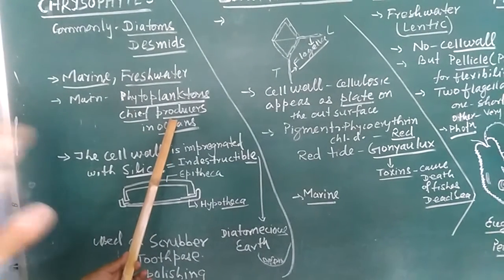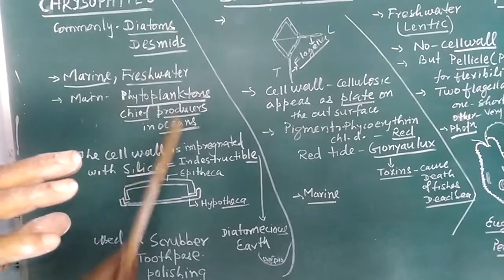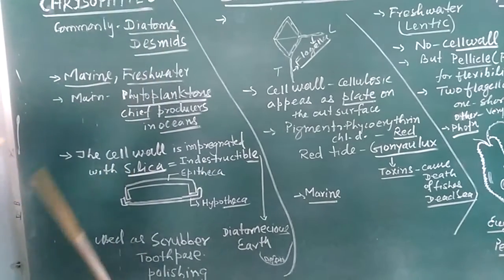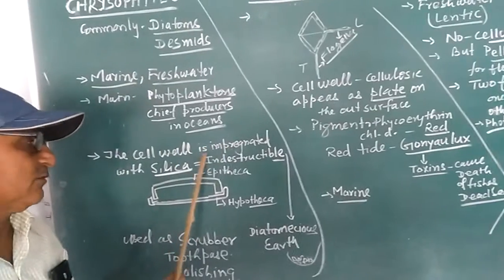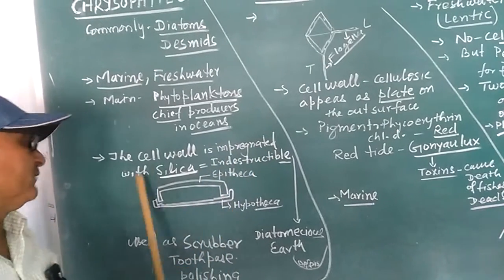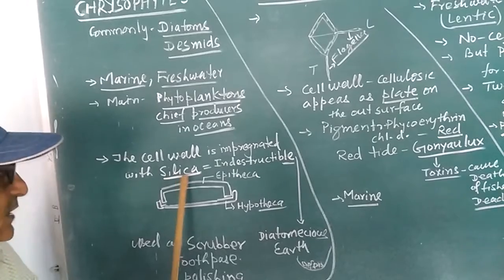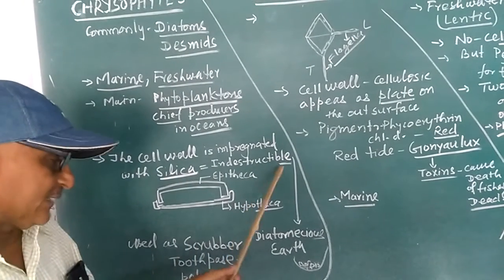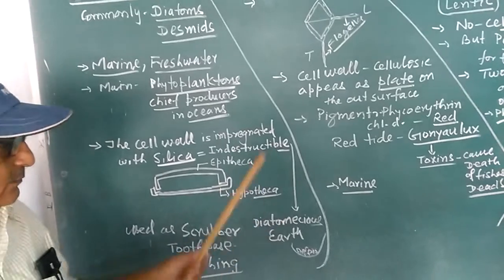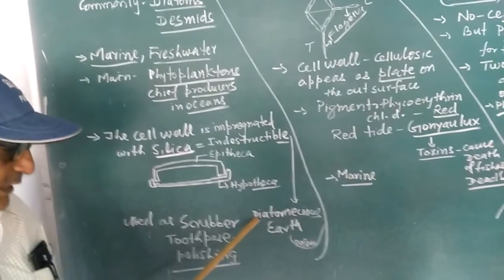Maximum 90% of photosynthetic oxygen comes from these members. The most important thing is, the cell wall is impregnated with silica gel, a very hard, indestructible material that makes them very resistive.